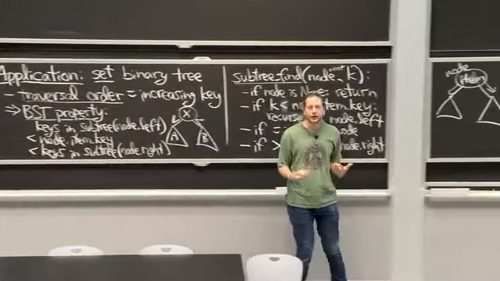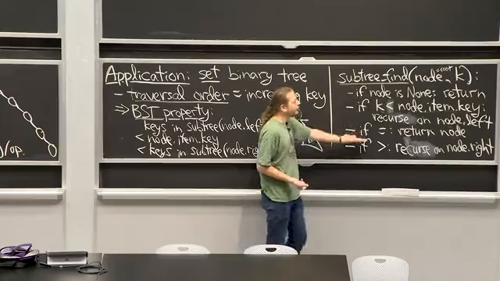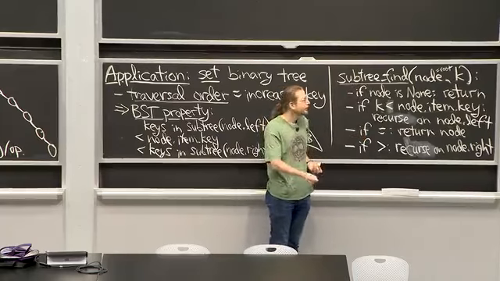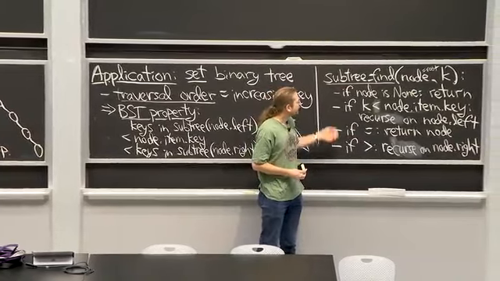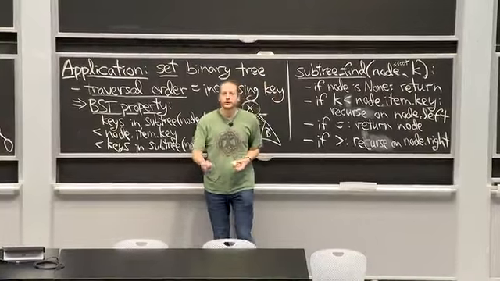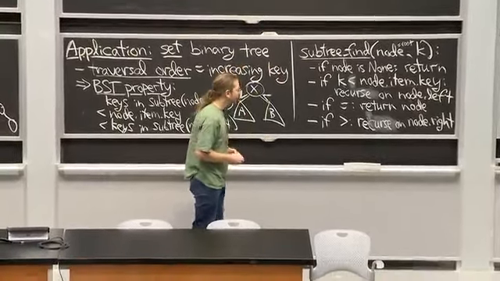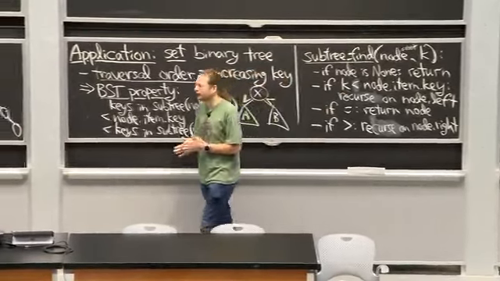If you want to insert an item, where does it belong? You do this search to find where it would belong if it was there. If it's there, you can overwrite the value stored with that key. If it's not, this search will fall off the tree at some point, and that's where you insert a new node in your tree. That was covered in recitation, so I don't want to dwell on it.